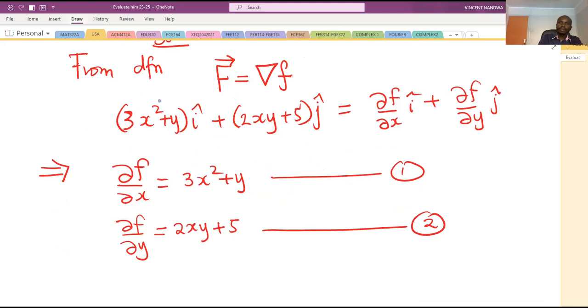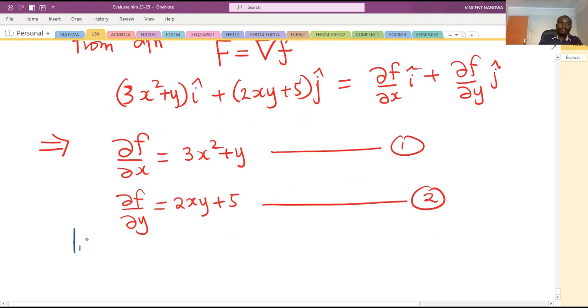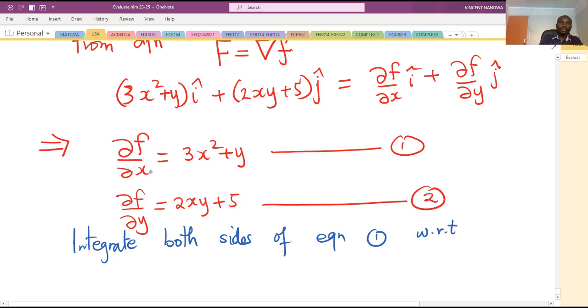So step 1, integrate both sides of equation 1 with respect to x.